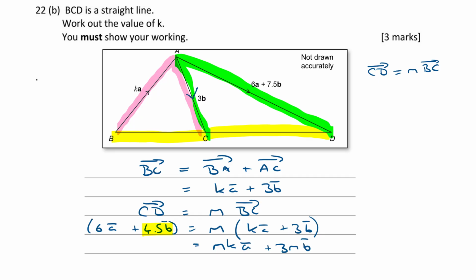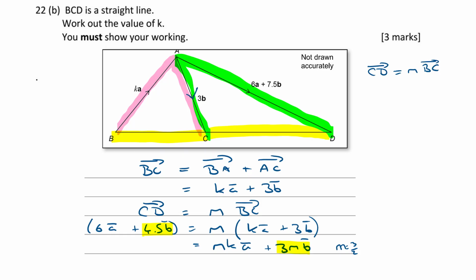Okay, so then we can directly compare these. So 4.5b is equal to 3mb. So comparing the b parts, 3m must be 4.5. So what does that make m? 3 times what is 4.5? That makes m 1.5, doesn't it? If I times 3 by 1.5, I'll get 4.5. So m must be 3 over 2, 1.5.